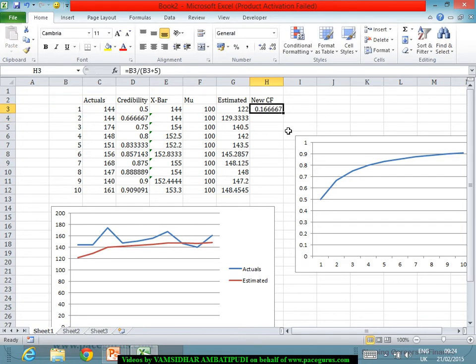Now what we are seeing is the credibility factor that is going to our own data is becoming much lesser compared to the earlier case, because in the earlier case the volatility of the prior estimate was much higher compared to the current scenario, and because of that reason less weightage was coming to that collateral or the prior distribution.